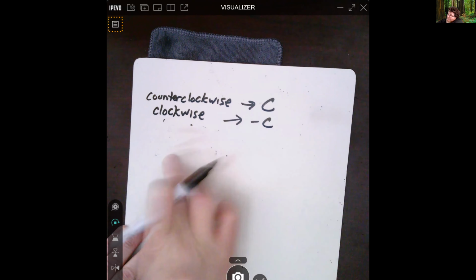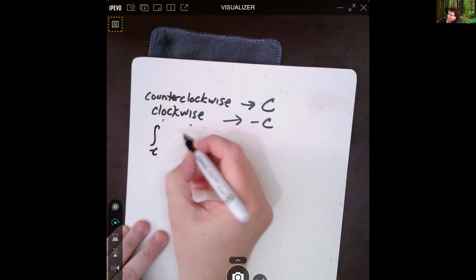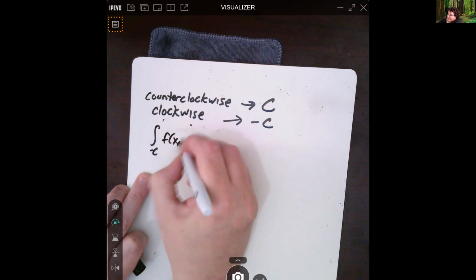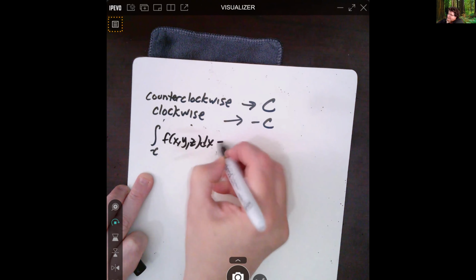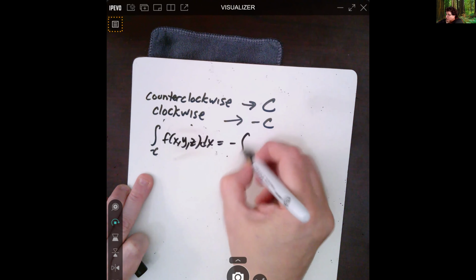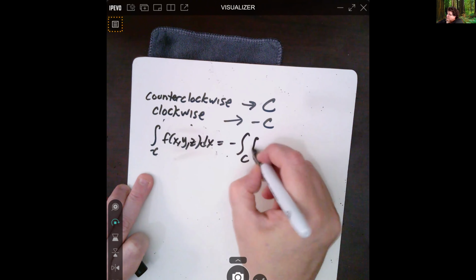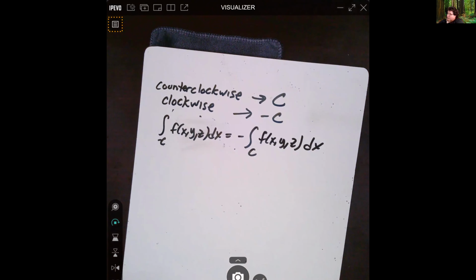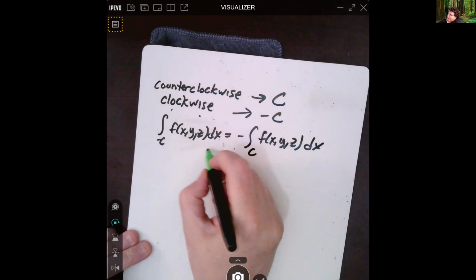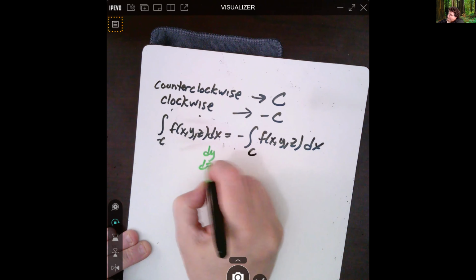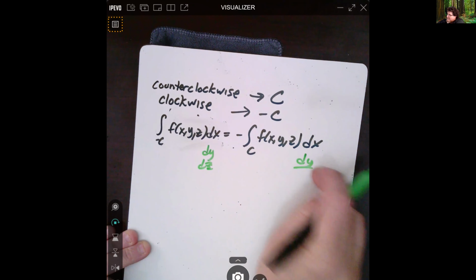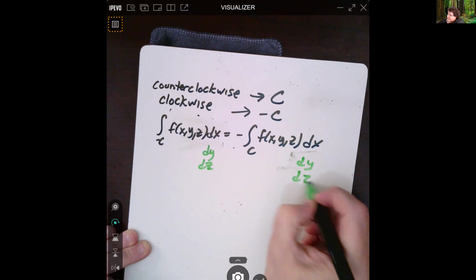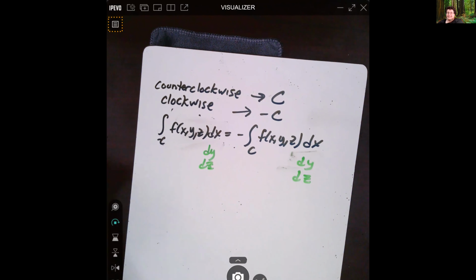Let me do it one at a time; I think I'm rushing that. If we go clockwise, so the negative curve, f of x, y, z, dx is the same thing as doing the forward curve but with the negative sign. This is true for dx's, dy's, and dz's on all of them. And this is different than doing ds.